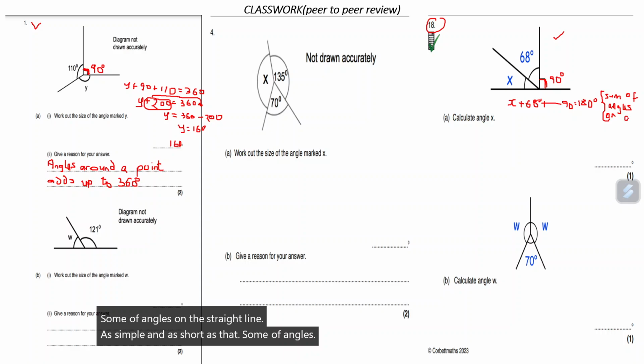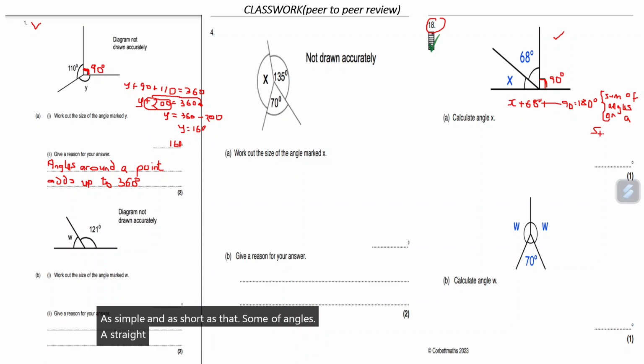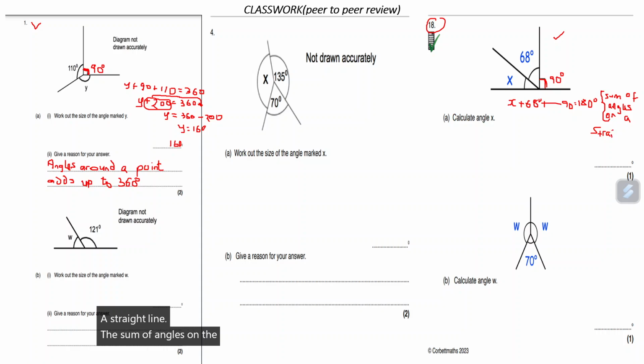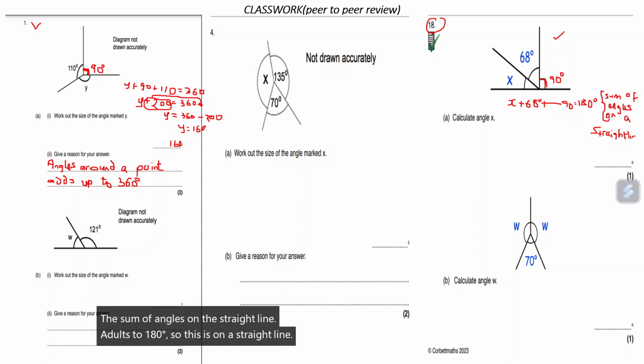The sum of angles on a straight line add up to 180 degrees. So this is on a straight line.